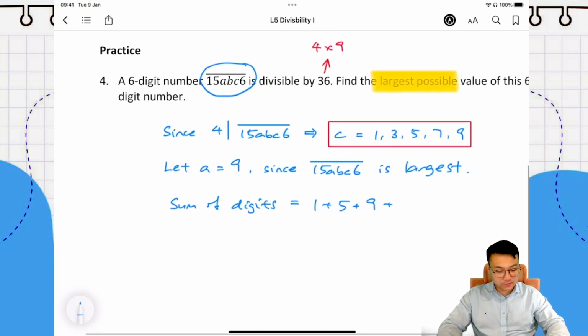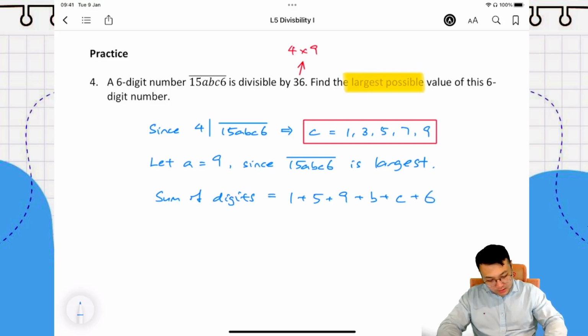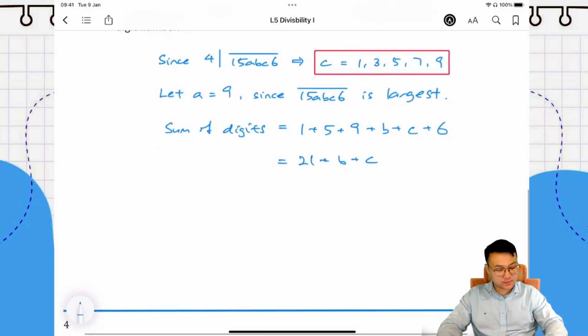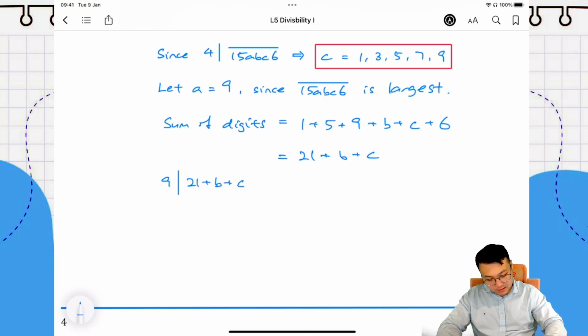I want you to find the sum of digits of this number. How do you find the sum of digits? 1 plus 5, 9 plus 6. Good. So can you add them together for me? 21 plus B plus C. And now we want this to be divisible by 9. So you say 9 divides 21 plus B plus C.